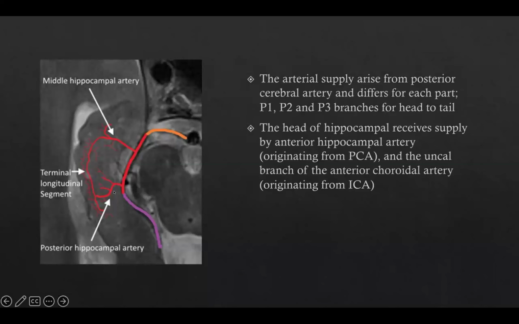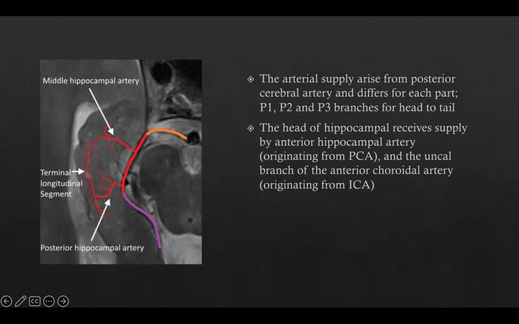Another thing that I would like to highlight is the arterial supply of the hippocampus. It is quite special because each part is supplied by different branches. The head of the hippocampus is supplied by P1 of the PCA. The body is supplied by P2 of the PCA, posterior cerebral artery. And the tail is supplied by P3 of the PCA.